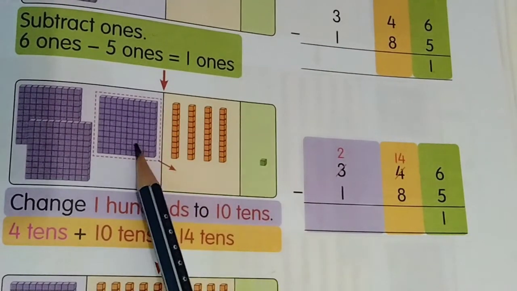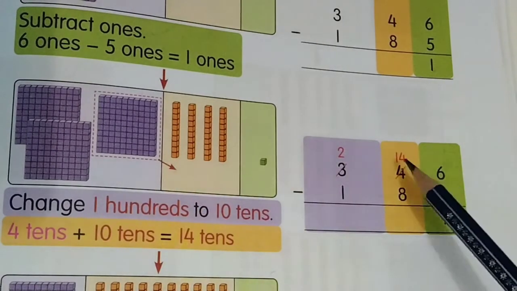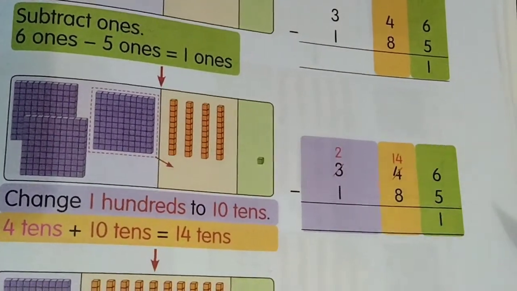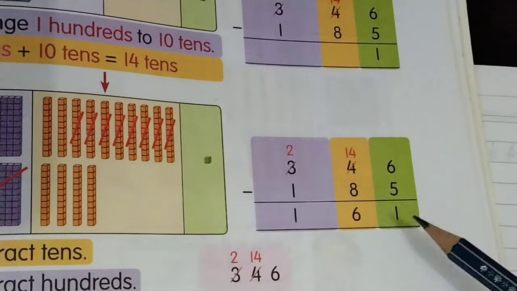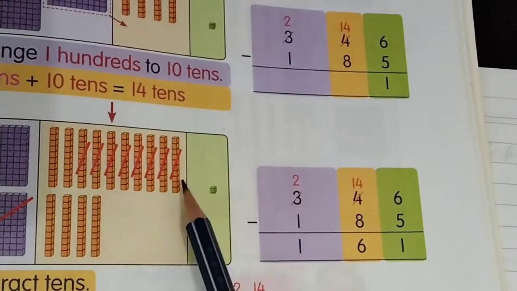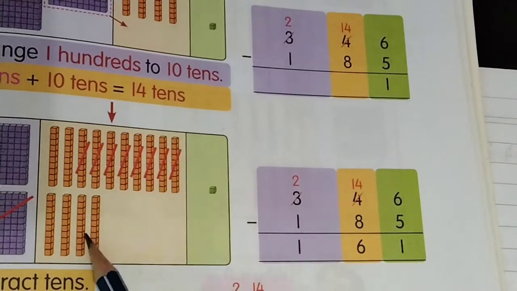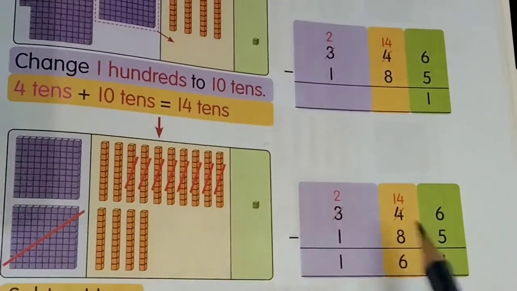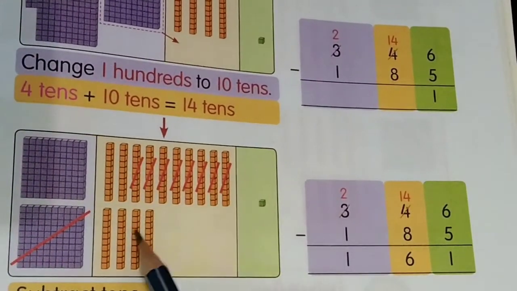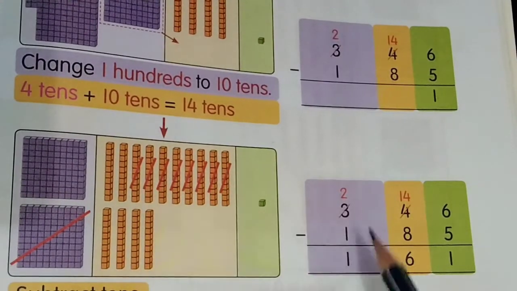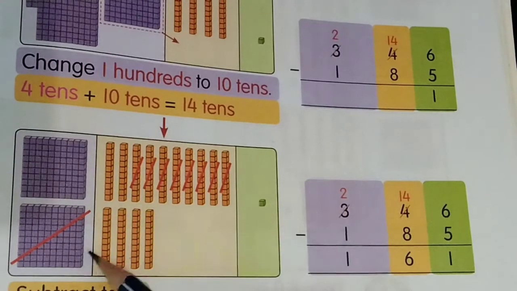You're going to divide it. 100 is equal to 10 tens. 100 sama dengan 10. That's why it becomes 10 of this here, which means 14. 14 minus 8 is equal to 6. And then 2 minus 1 is equal to 1.